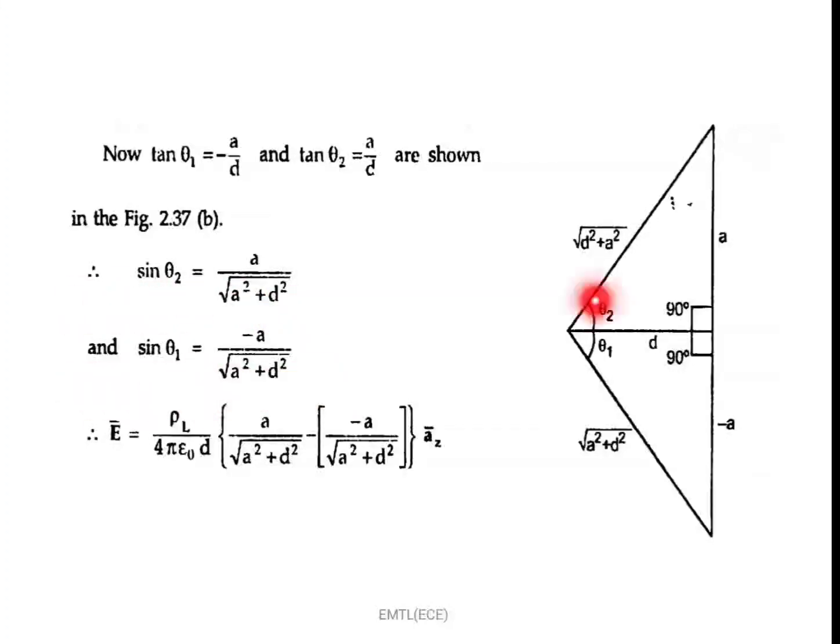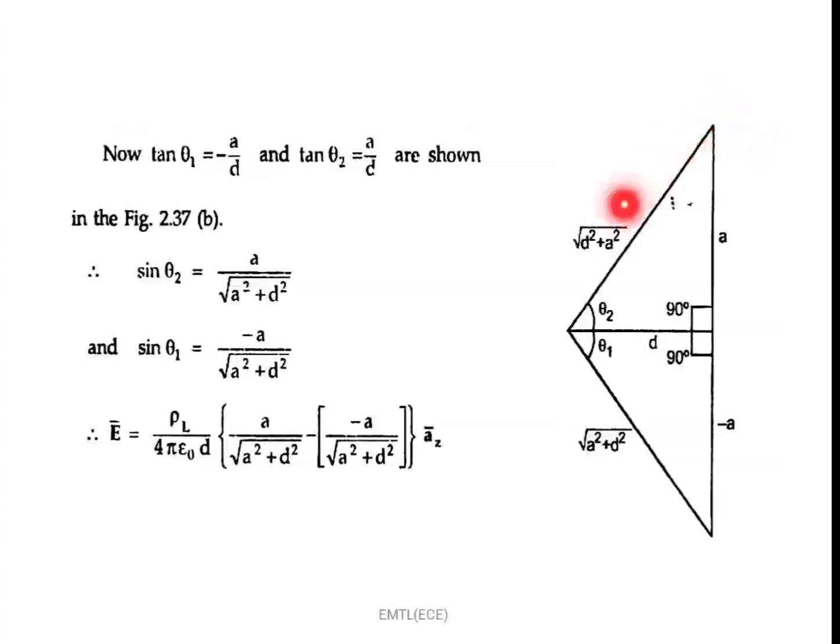So here it is theta 1. Now sin theta 1 is equal to opposite side by hypotenuse, that is minus a by square root of a square plus d square. Similarly, it is theta 2. Now sin theta 2 is equal to opposite side by hypotenuse, that is a by square root of a square plus d square.